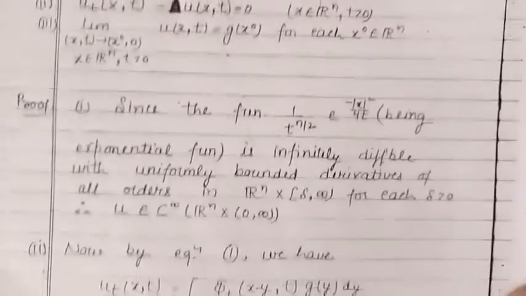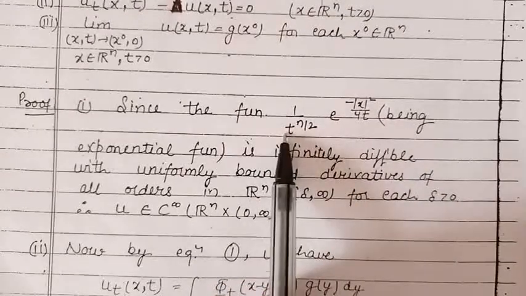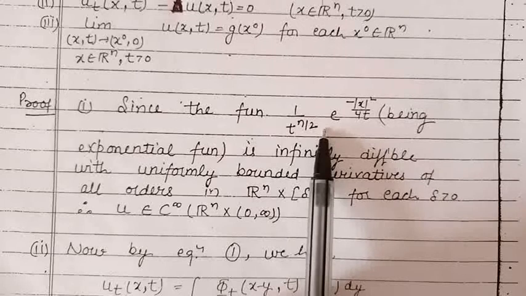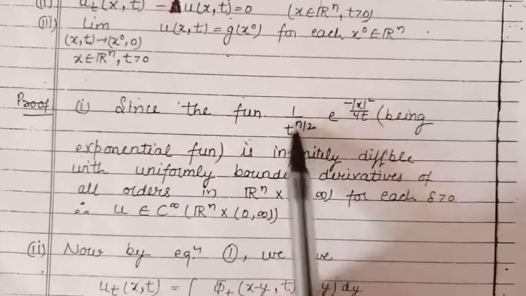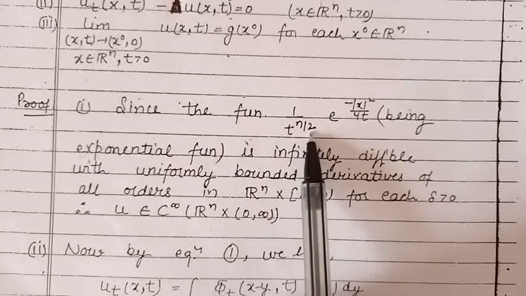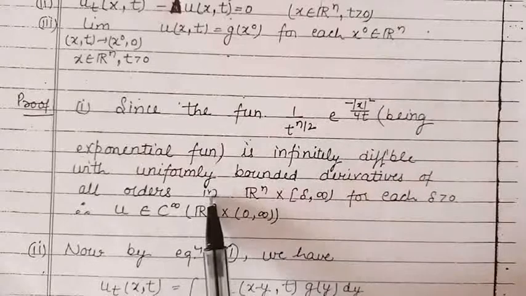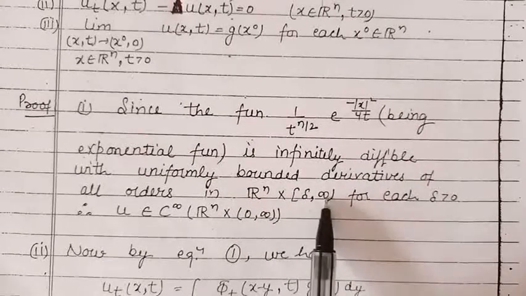So we can say that the function 1 upon t raised to the power n by 2 into e raised to the power minus |x| squared upon 4t is infinitely differentiable, and also this function has uniformly bounded derivatives of all orders in Rn cross the semi-open interval delta to infinity.